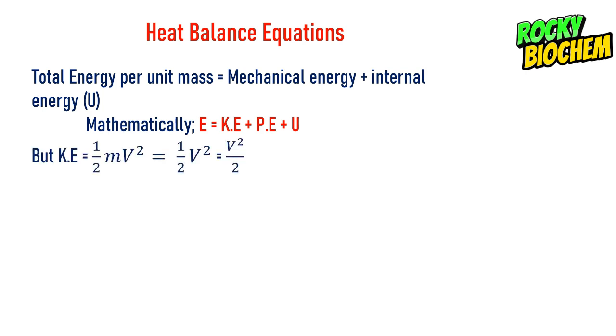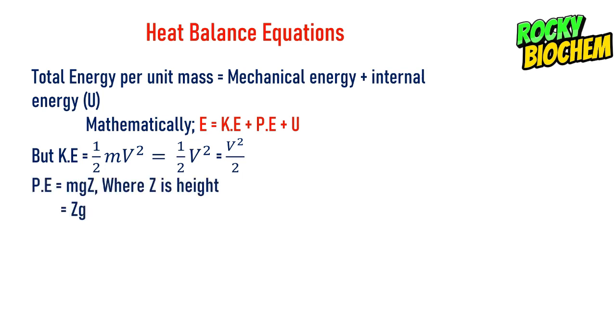From the kinetic energy formula, kinetic energy is equal to half of mass multiplied by velocity squared, so half m v squared. Since we are considering a unit mass, m is equal to 1. Hence, the kinetic energy turns out to be half of v squared, which is the same as v squared over 2.